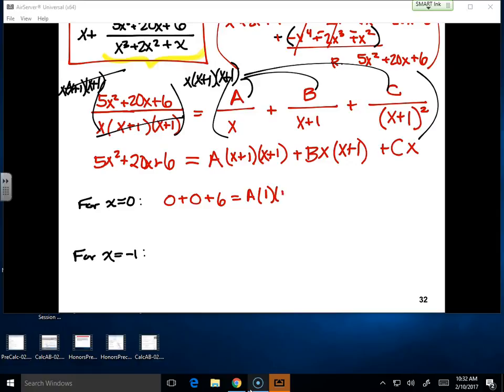And then what's 0 plus 1? Plus B times 0. Oh, that's going to be nice. Plus C times, ooh, I like this one, right? What's going to happen to these guys? They're gone. They're going to be zeros. So wait, do we already know that A equals 6? Yes. Go team.